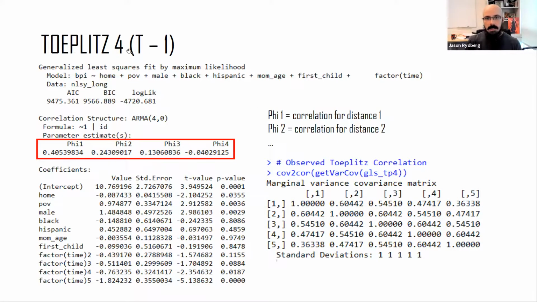So this is a Toeplitz structure. This is a Toeplitz 4, or T-1, because we have 5 time points. Right here, these are our correlations for the different distances: how 1 wave apart are related, how 2 waves apart, 3 waves apart, 4 waves apart.